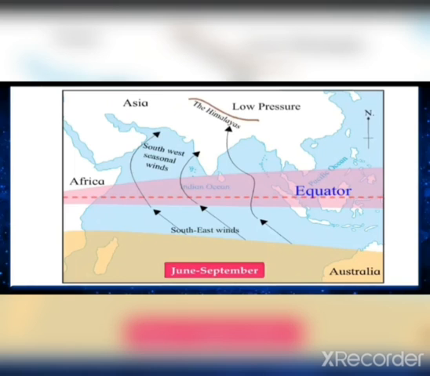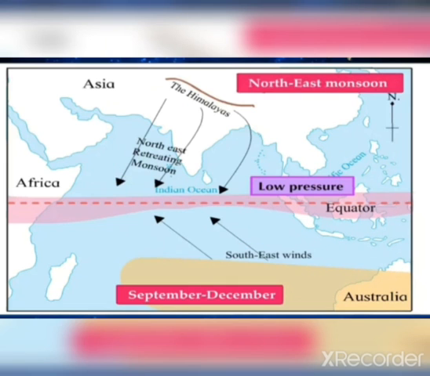They are full of moisture. Northeast monsoon winds: from September to December, because of the low pressure area developing near the equator, winds blow from the Indian subcontinent towards the equator.